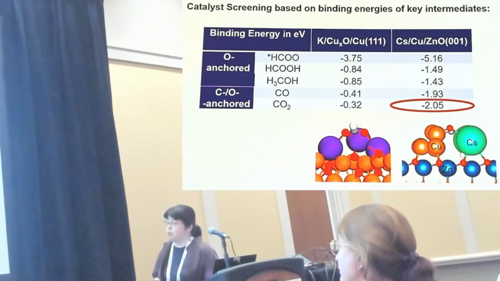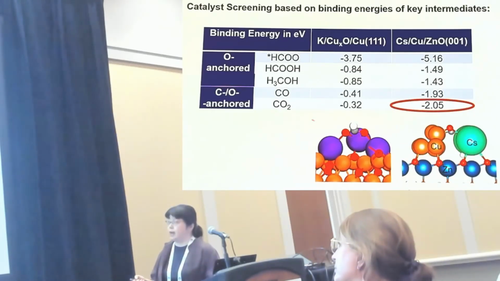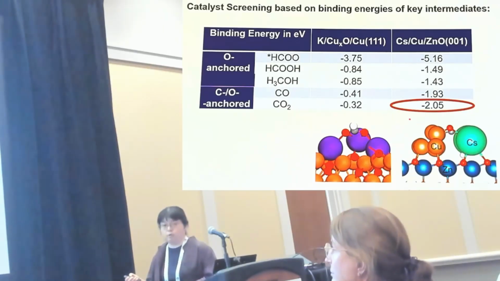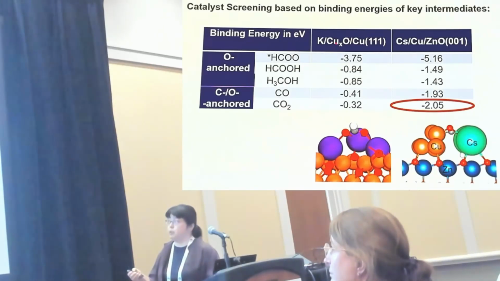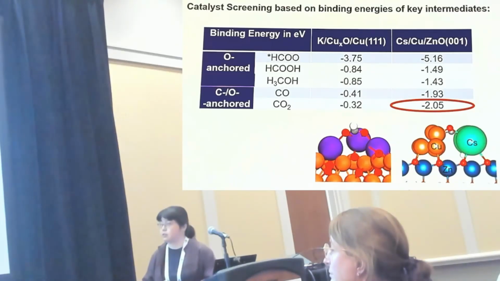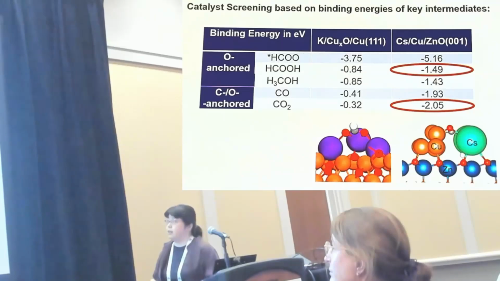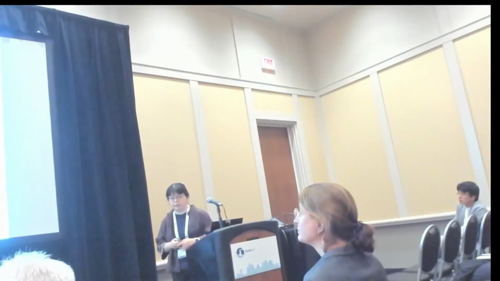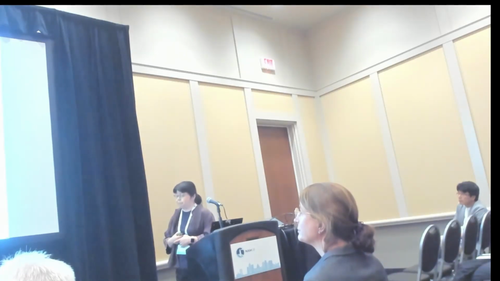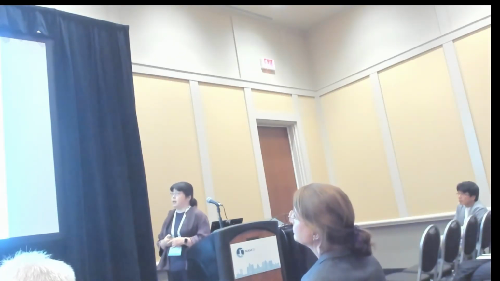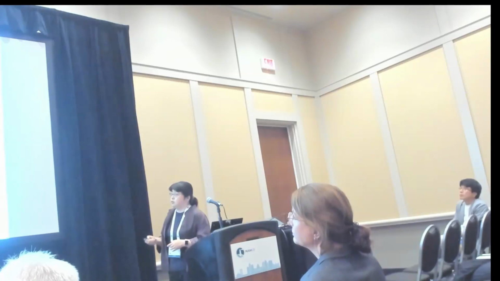Here, I just want to mention that for the CO2 binding, there's a significant increase if you compare with the potassium core structure. Therefore, a higher CO2 conversion is expected. Another thing, yes, we do see an increase of formic acid binding. So can it help methanol synthesis?